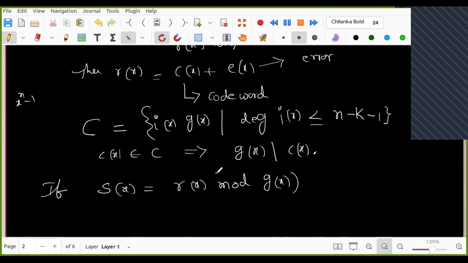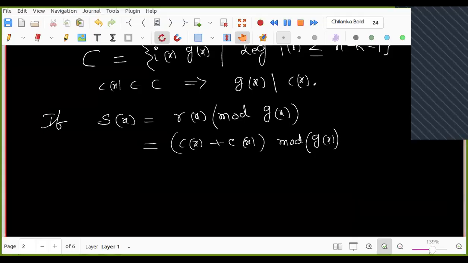To check whether a given code word is correct or not, I will compute modulo g of x. But r of x is c of x plus e of x, mod g of x. So s of x equals c of x plus e of x mod g of x, which is equal to e of x modulo g of x, right?